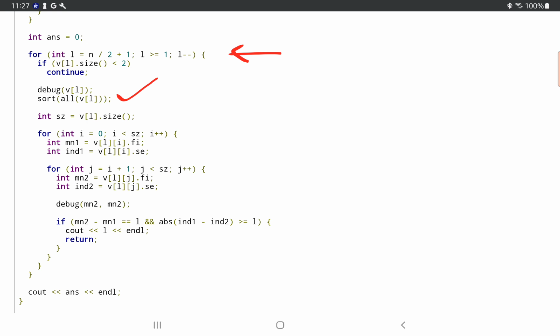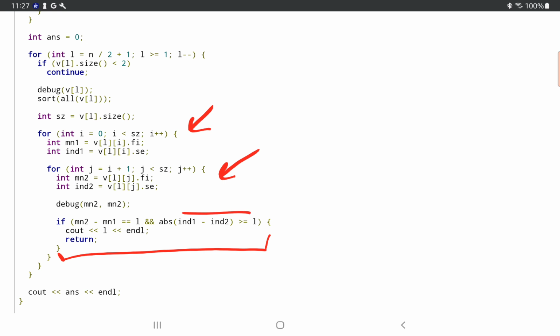You just have to iterate from j till n instead of i till n, so just some cost savings. Sort it all. This is our first segment, this is the second segment, and we are just checking whether the index difference is greater than length or not, and whether S2 minus S1 is basically L or not. And if you found it, just return the second.